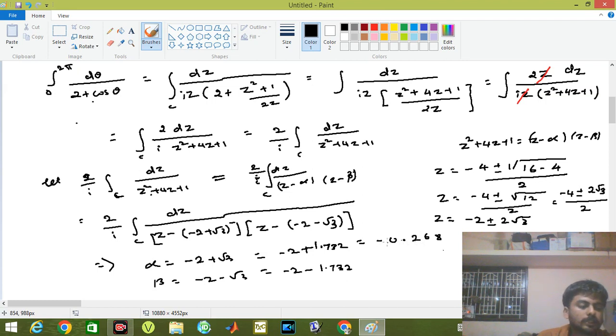So the value is minus 0.268, and this other one is equal to minus 3.732.